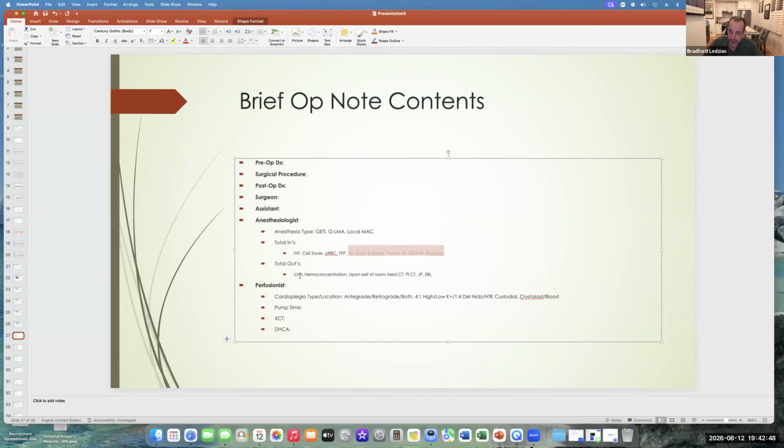Did they hemoconcentrate anything on pump? And then what was in the chest tubes when you left the room? Specifically, you have to include an EBL in your brief operative note, and it can't be zero. You can't say none. It has to be a number. You can put 1 cc or whatever, but you have to put some type of number. This can't be excluded or erased.